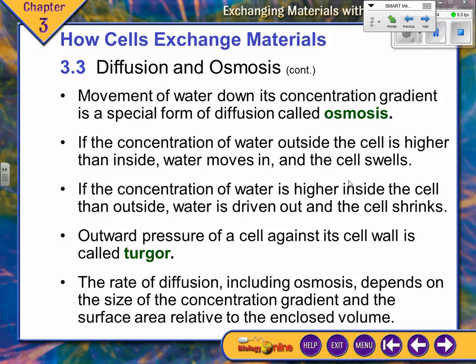Now, how fast diffusion happens, the rate of diffusion, is affected by how big the concentration is, how much volume is there. So if one of you guys just let out a nasty old fart right now in the back of the room, it's going to take me a while to sense the smell, because those methane gas molecules will diffuse.